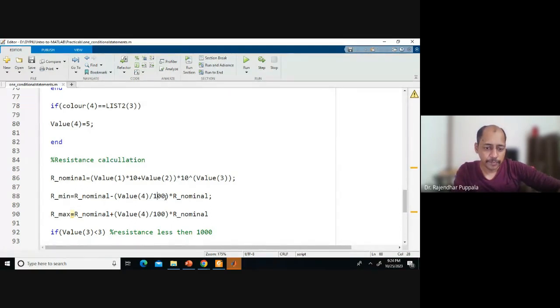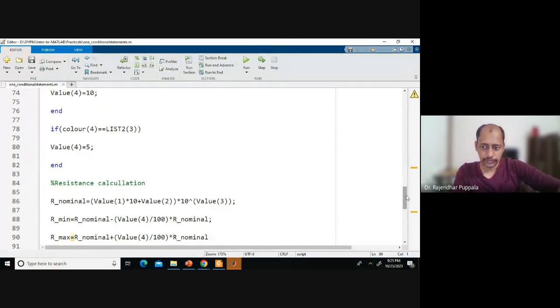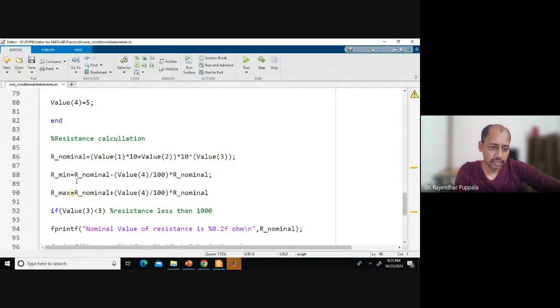By 100 means we are calculating a percentage, right? So if it is 20% tolerance, 20 by 100; 5% tolerance, 5 by 100. And what is the maximum value? R maximum is equal to R nominal plus tolerance into R nominal. The tolerance will be calculated based on value 4 here. So this is the way to write the formula for resistance.